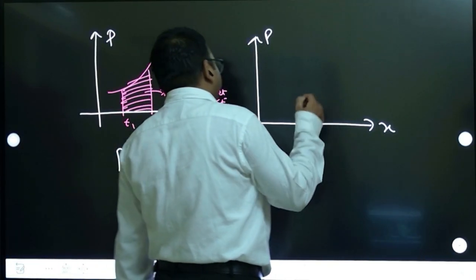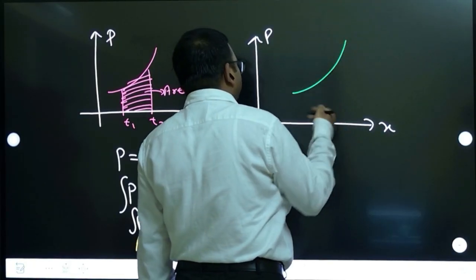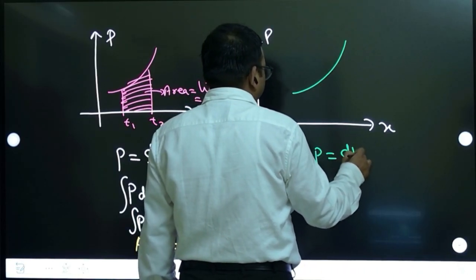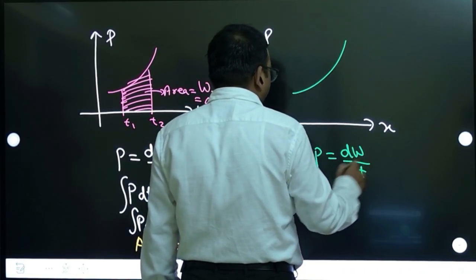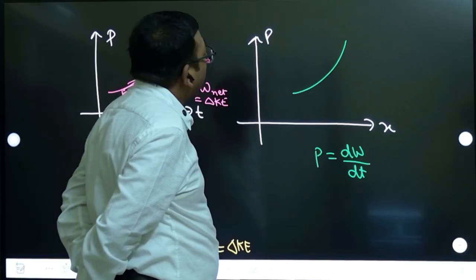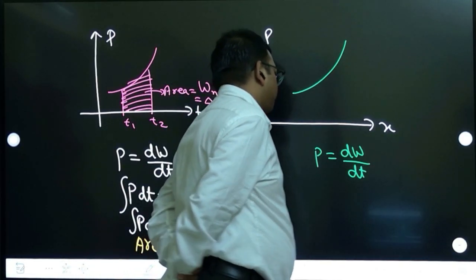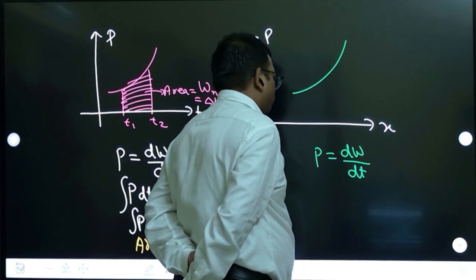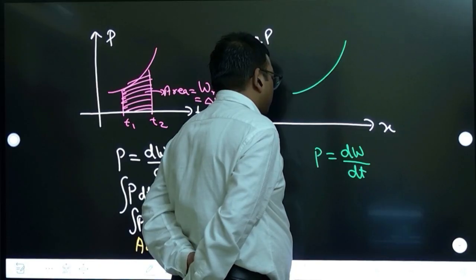Similarly, suppose this is a power graph. What does this area give? Let us try to calculate. Power is dW by dt. I want to write this in terms of x. So how to write this? Force into velocity.